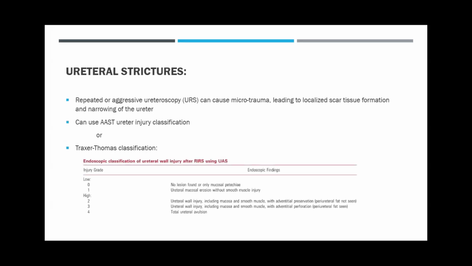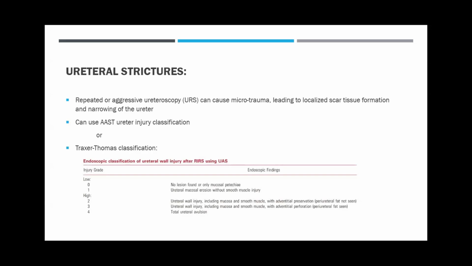And also one of the complications is ureter stricture, and it's due to repeat aggressive ureteroscopic micro trauma, and it can lead to localized scar tissue formation and narrowing of the ureter.